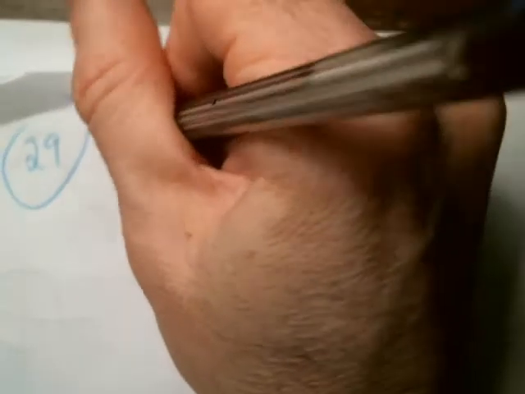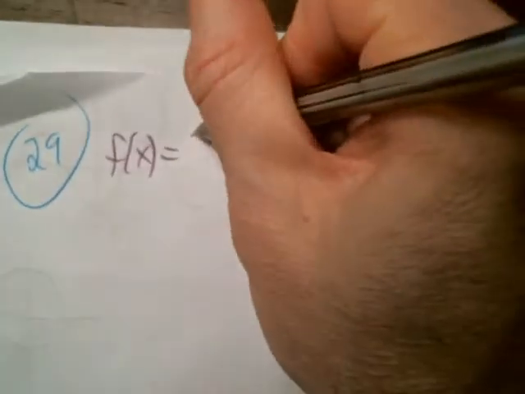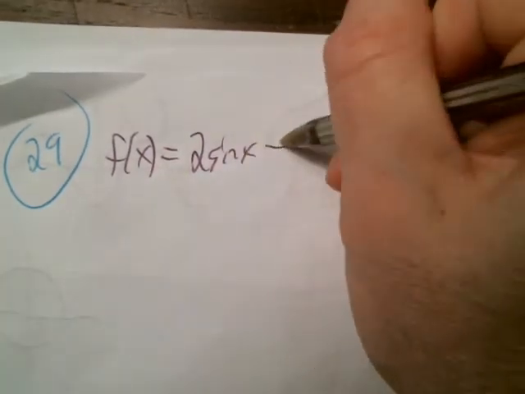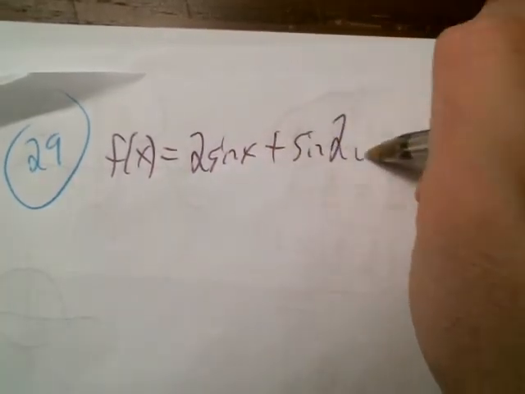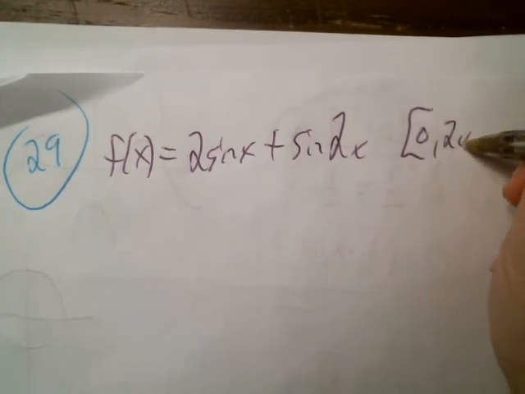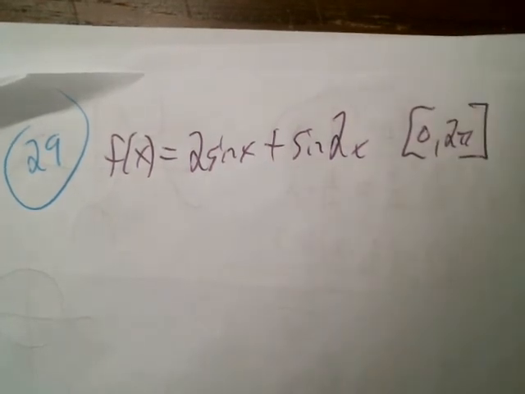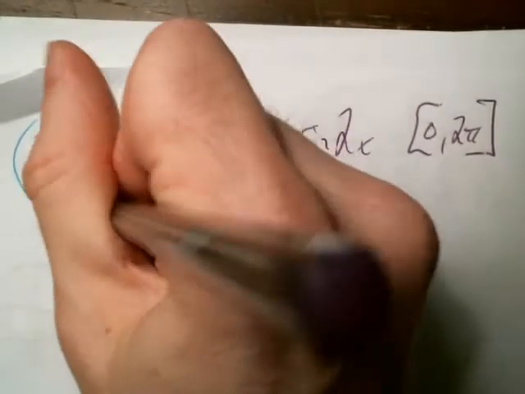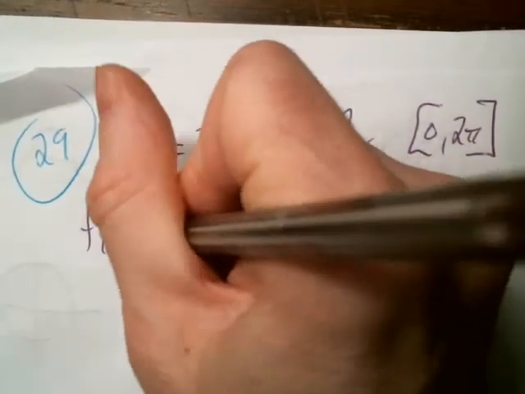All right. f of x equals 2 sine x plus sine of 2x on the interval from 0 to 2 pi. All right, so I need to go through and get the derivatives of this character. f prime of x.